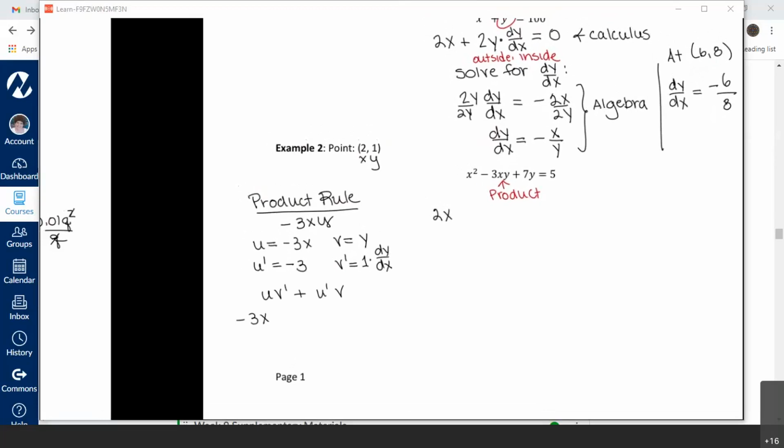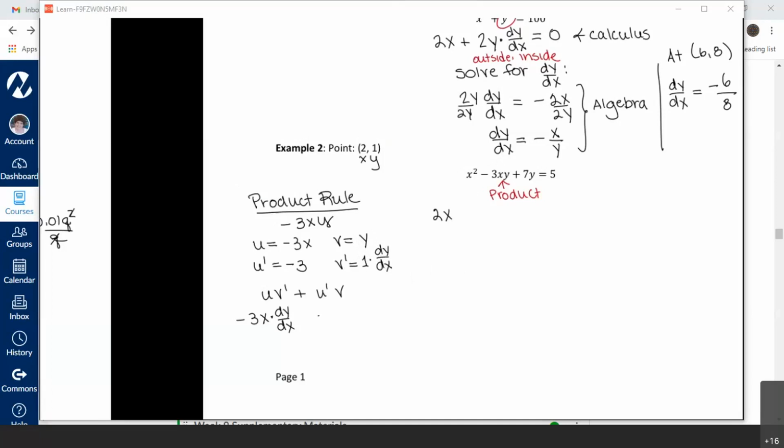I'm just going to copy my bits in there. Minus 3x times dy dx. Remember, I don't need the 1. The 1 isn't doing anything for me. I just showed it to you so you know I'm using the chain rule. Derivative of the outside function is 1. Derivative of the inside function, dy dx. And then the last term, u prime, which is negative 3.